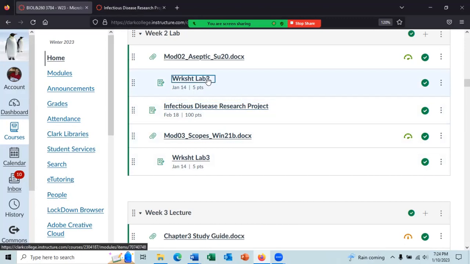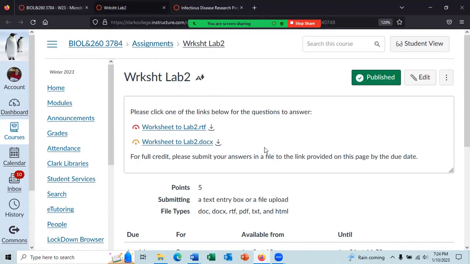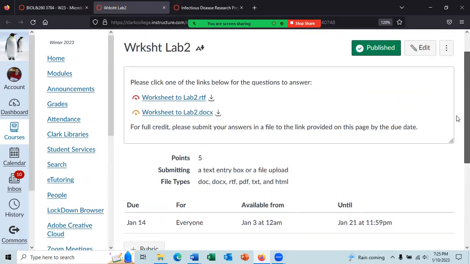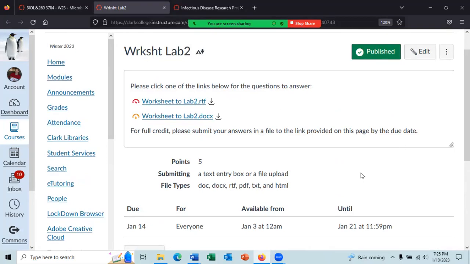It should be under the worksheet, lab 2. Yeah, you should have a link down here, which is a submission link. I don't have a submission link because I'm an instructor. I've got a speed grader link. Oh, I must have just looked right over it. Thank you very much. It could be on the top right if it's not down on the bottom.